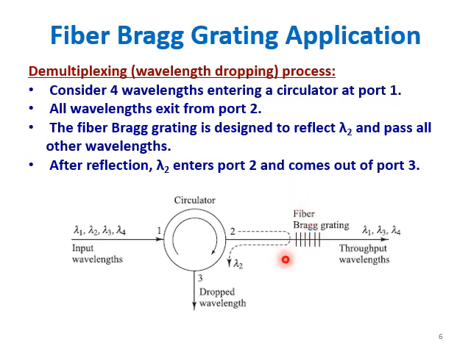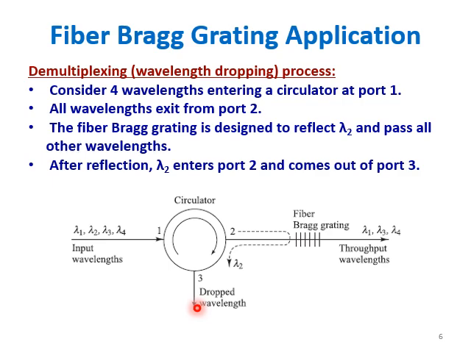The fiber Bragg grating is designed in such a way that it reflects one particular wavelength, lambda 2, and remaining wavelengths it will not disturb. Hence, lambda 1, lambda 3, lambda 4 will emerge through the fiber Bragg grating, except lambda 2, which is reflected back at port 2. Port 2 now has an input of lambda 2, which is dropped out at port 3.